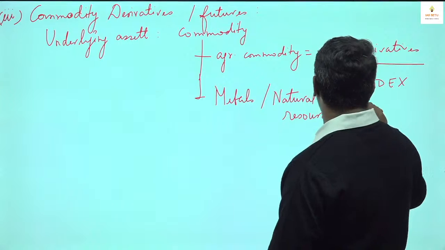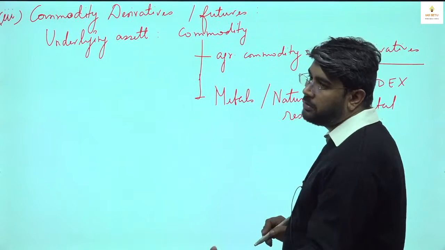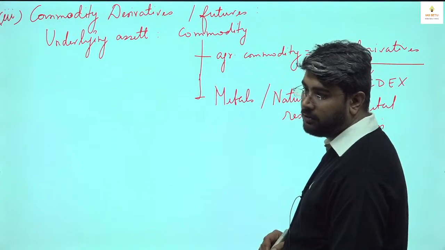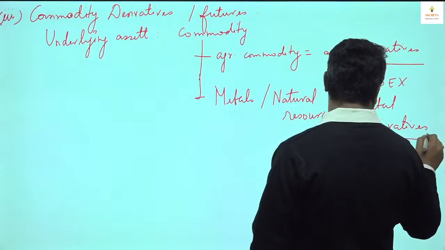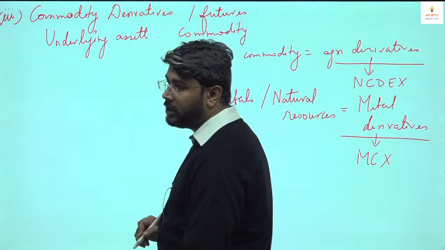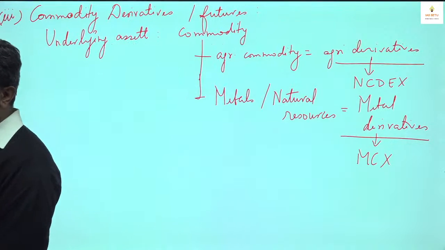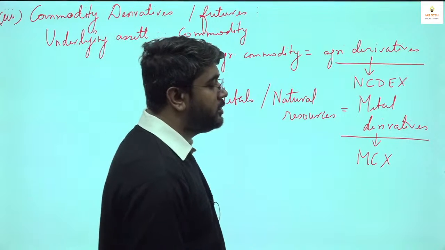These will be called as metal derivatives or whatever. जैसे आपने PNG का बना दिया, PNG derivative, right? And these are traded at MCX, Multi Commodity Exchange of India. Exchange क्या है? Market ही तो है ना, marketplace है बस.